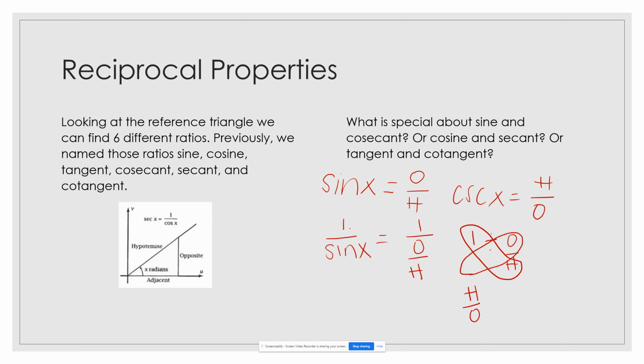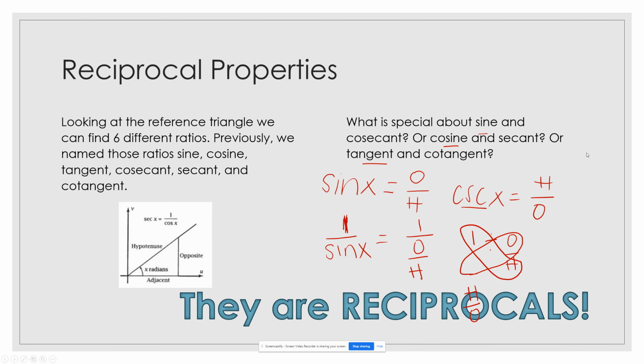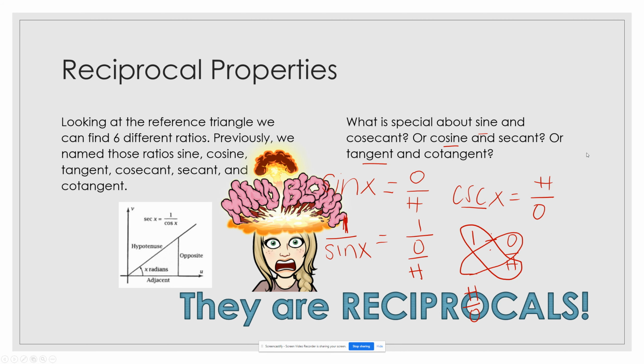And so the special thing is that if I were to put a 1 above sine, cosine, or tangent, I'm going to get its reciprocal. That's pretty cool. So they're reciprocals. That is what is special about these.